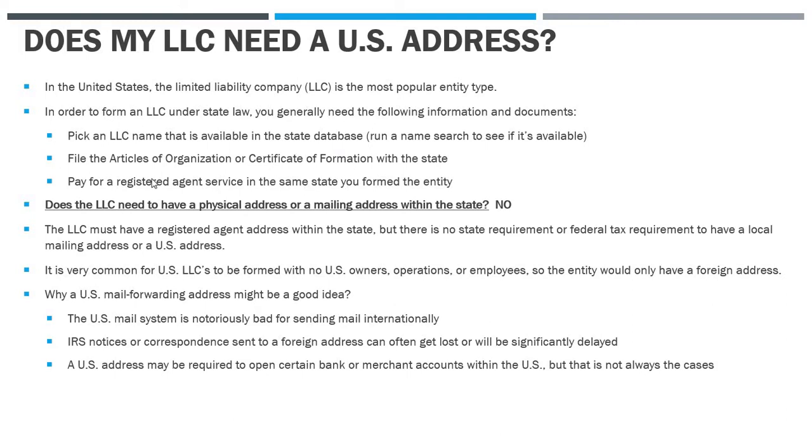The labeling, it's the same kind of document. Some states call it one thing versus the other. But effectively, this is the document filed with the state to get the entity launched and formed under state law. So it's either going to be the articles of organization or certificate of formation, depending on what state you're looking to launch the entity in.